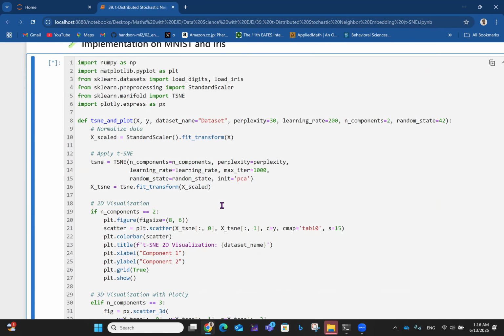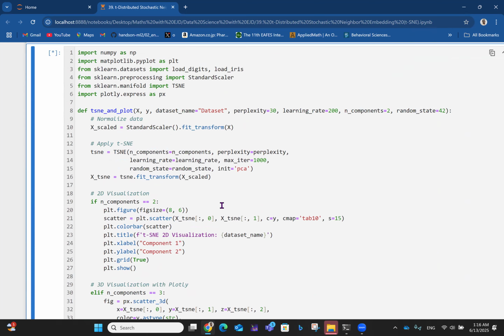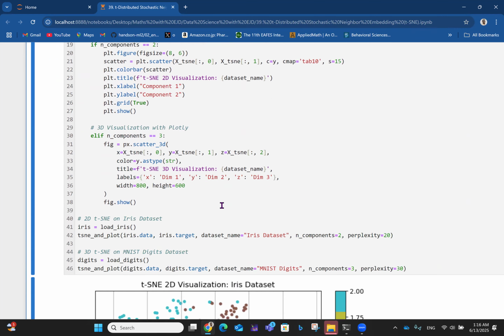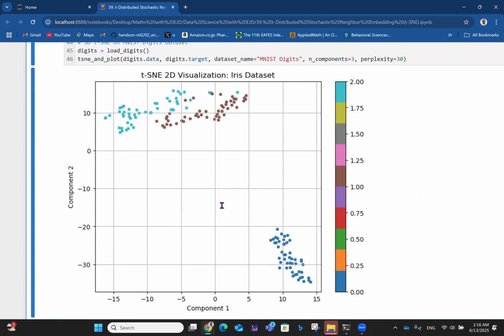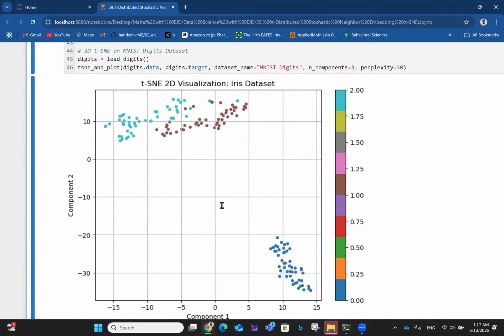If I run this, it's going to take a bit of time because it's a lot of processing actually. Okay, waiting, still on it. Okay, the results are coming out gradually. First of all, we have the t-SNE two-dimensional visualization of the iris dataset.